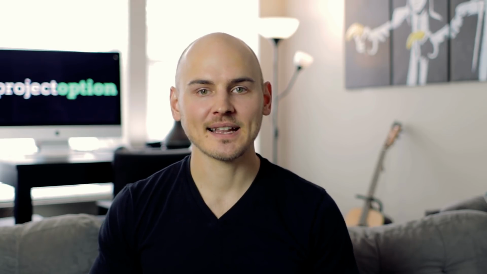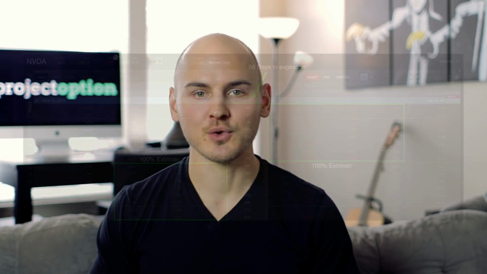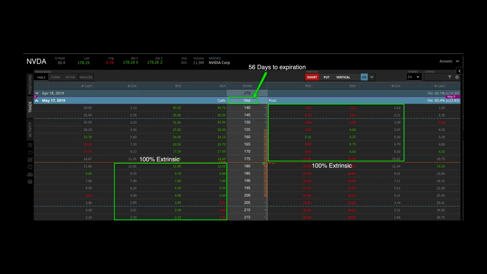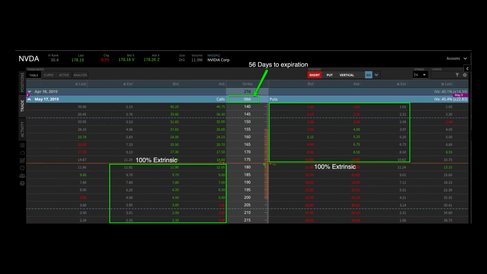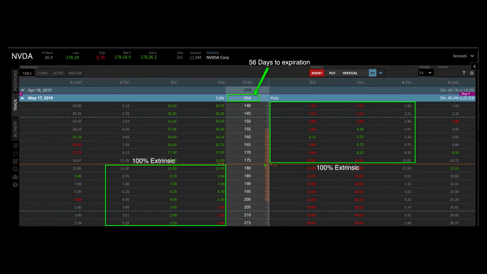So just because an option doesn't have any real or intrinsic value right now, it doesn't mean that the option is completely worthless, because as we've discussed earlier, all options have expiration dates, and if an option has 60 days until expiration, there's still 60 days left for that option to potentially become intrinsically valuable and therefore more valuable overall.